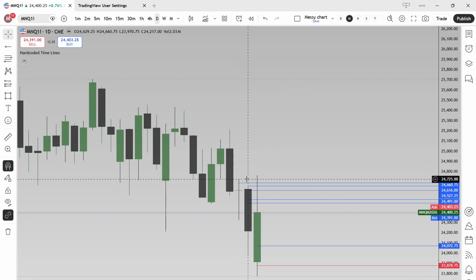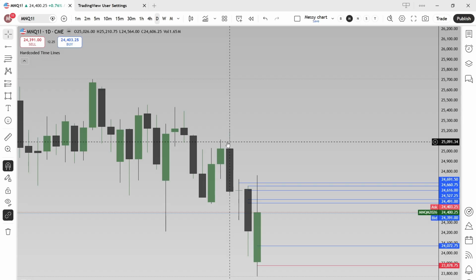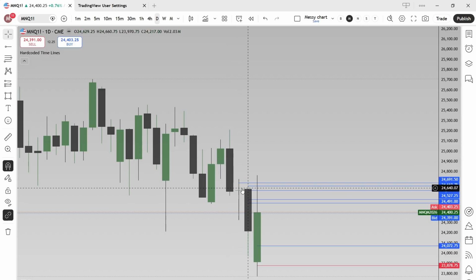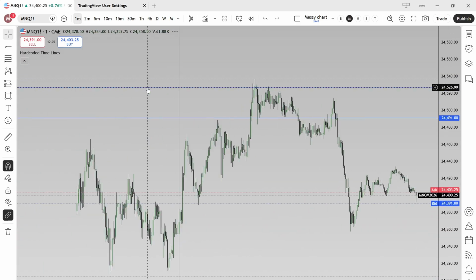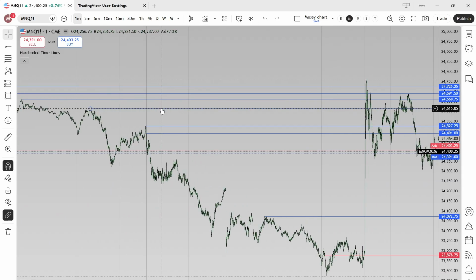So if it hit this, continued, and kept going, I would have been looking for this draw next. Swing highs have more liquidity than just these highs here and these highs here. But there's still liquidity at these highs. So that's where I'm taking profit. All those levels that I marked out.